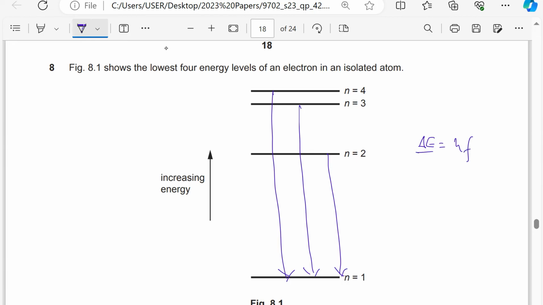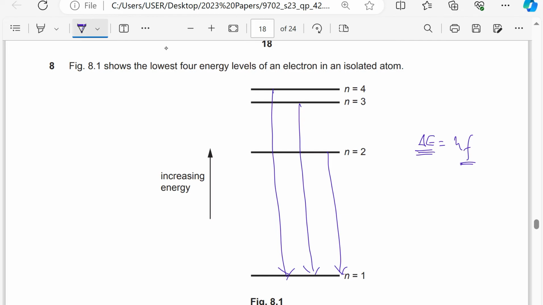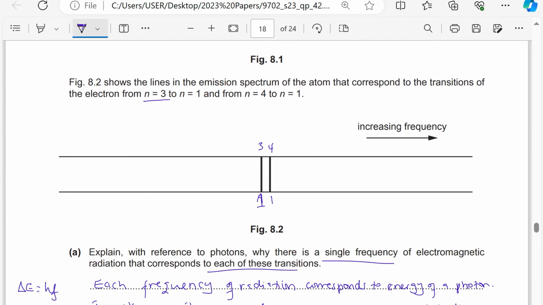So the difference in energy is going to correspond to the deviation in the frequency. A smaller energy transition will give out a photon which has a lower frequency. So the next line is going to be to the left.